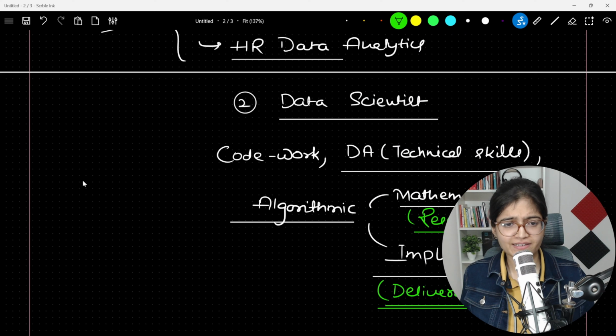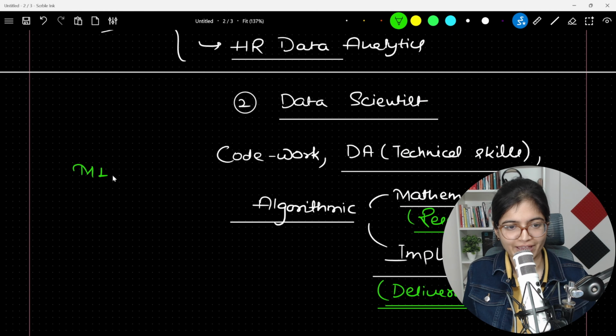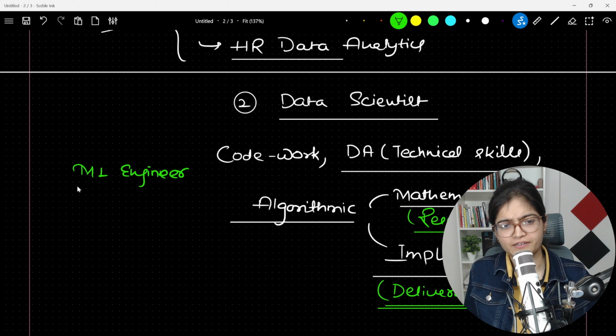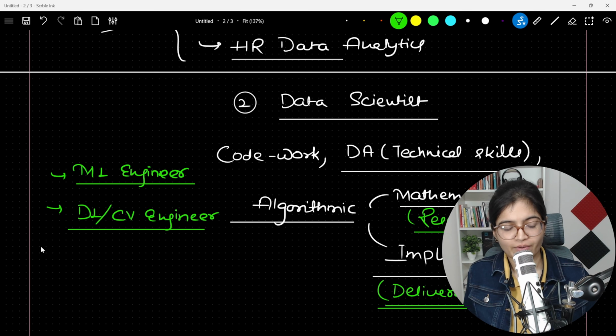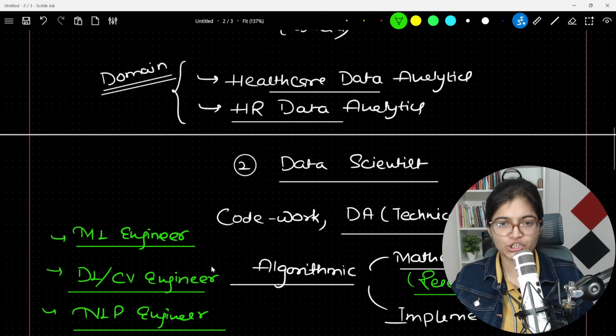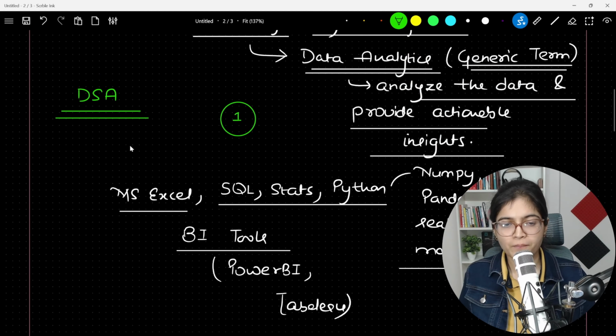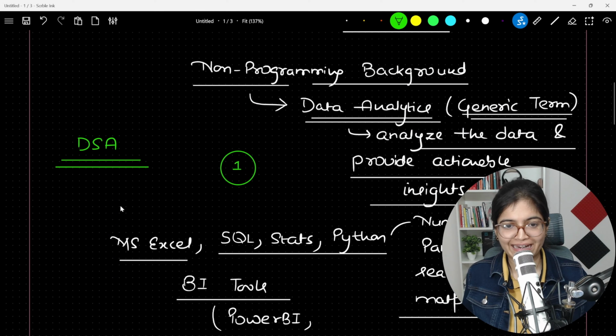Again, in data scientist itself, as I told you, we can have an ML engineer, and depending upon the company you are applying to, a DL or CV engineer, or an NLP engineer. Nowadays I have also seen positions coming up for Power BI developer in the data analytics space.